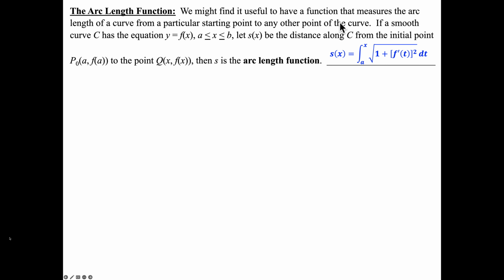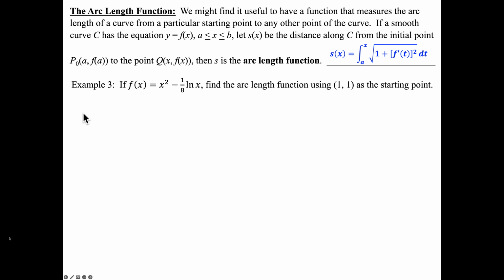So in this problem, we need a starting point. Let's look at example 3. Let's say your arc length is going to start at 1, 1 as your starting point, and this is my function.